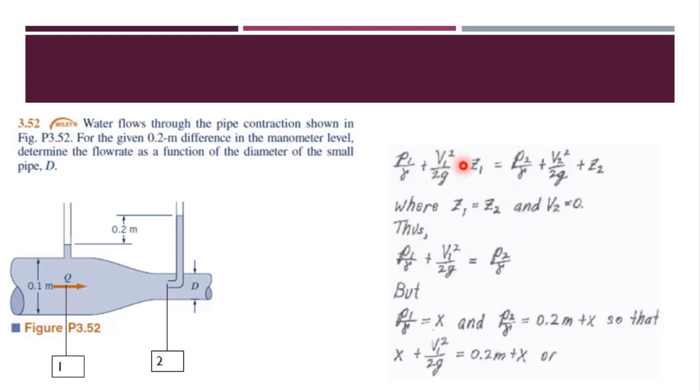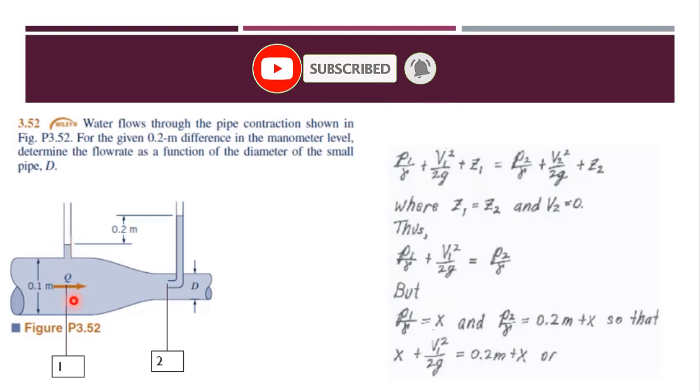So our Bernoulli equation with these simplifications becomes P1 over gamma plus V1 square over 2g is equal to P2 over gamma. But we don't know this height actually, this height of this point from the center line. So we assume this to be X.